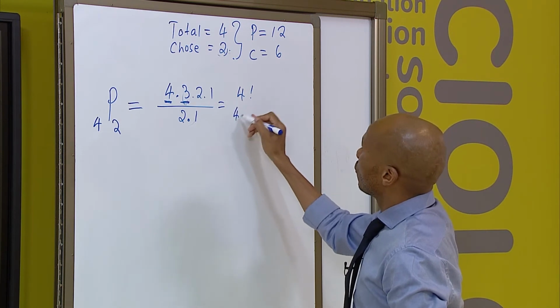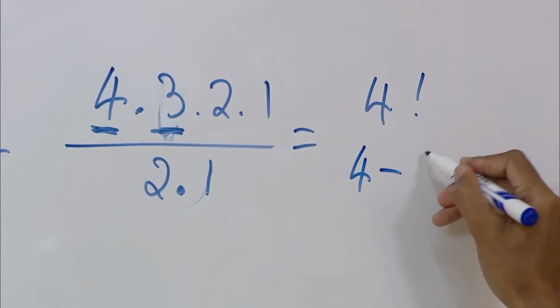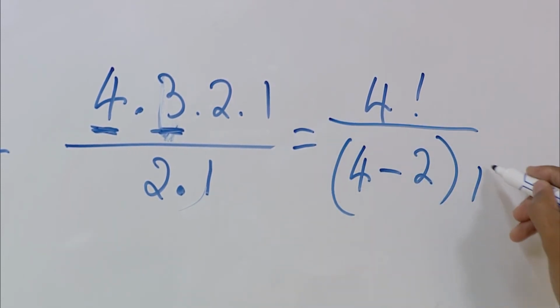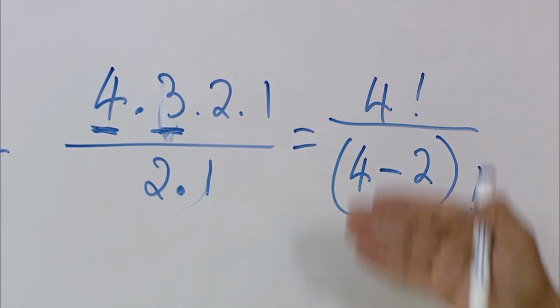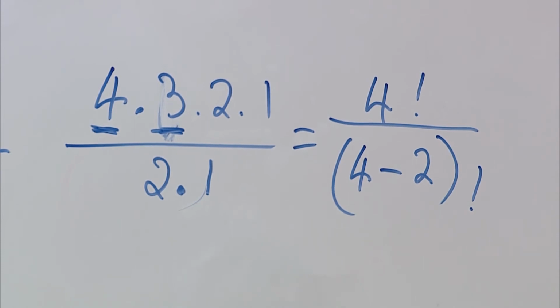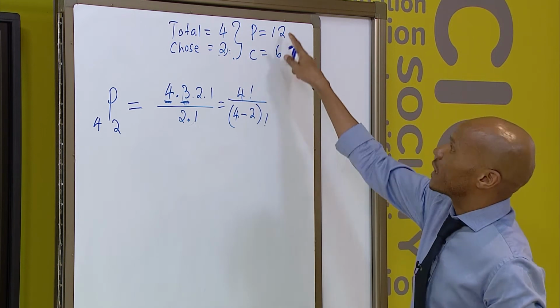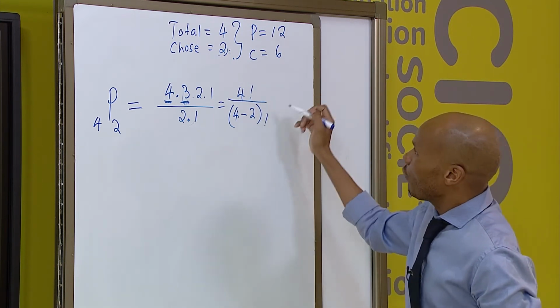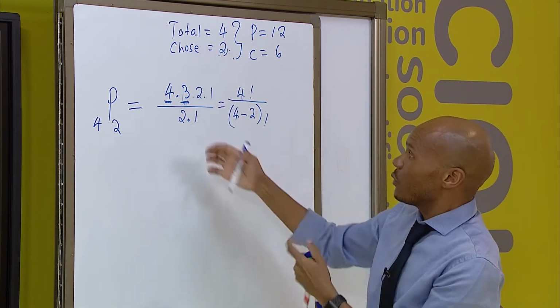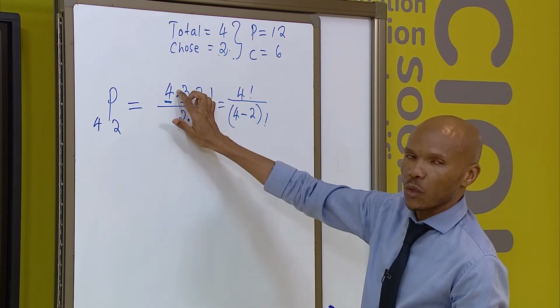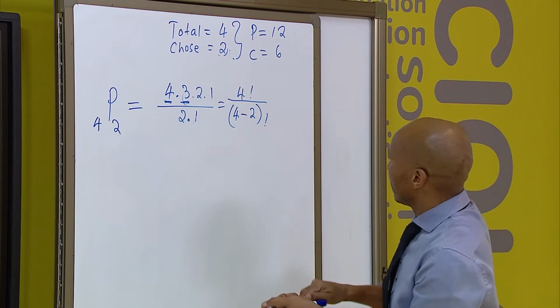As 4 minus 2 factorial. So what do we have here? We have a formula, but let's see if it's going to give us 12. We know it's going to give us 12 because 2 times 1 cancels out and you get 12.